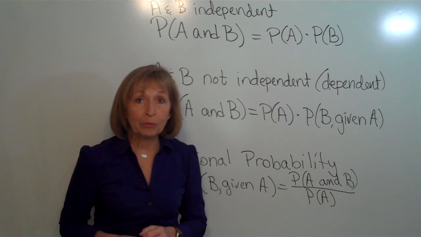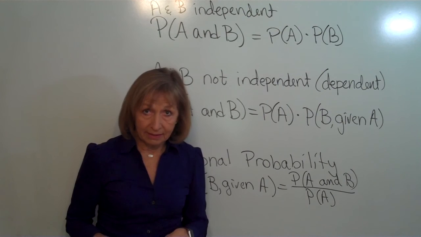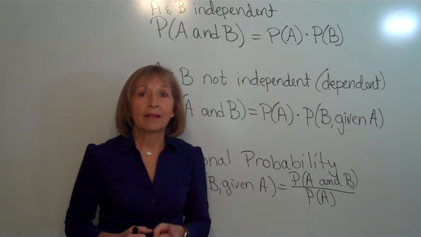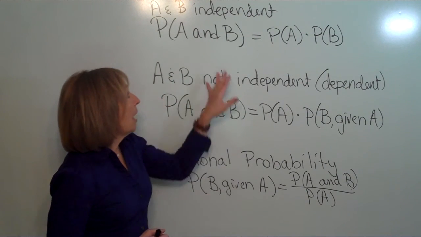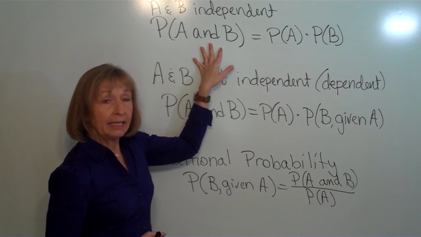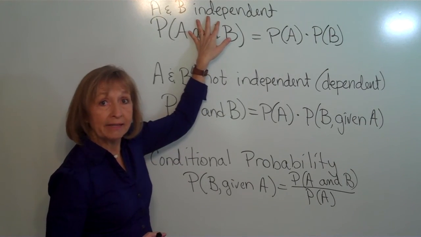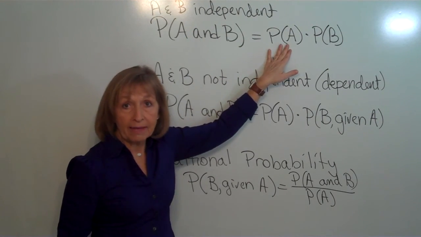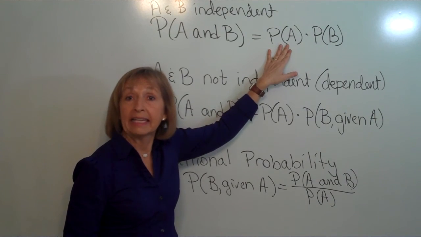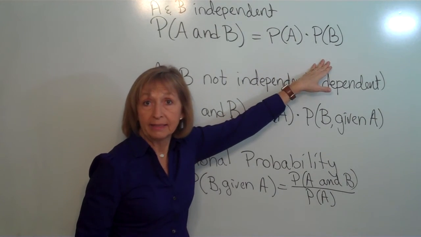If those are different numbers, they're not independent. But if those are the same number, they are independent. So the probability of A and B, if the A and B are independent events, you multiply the probabilities. The probability of A gets multiplied to the probability of B.